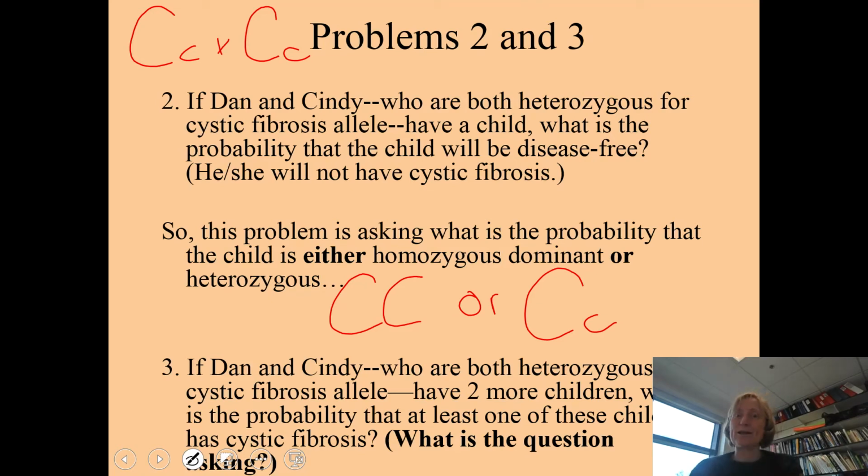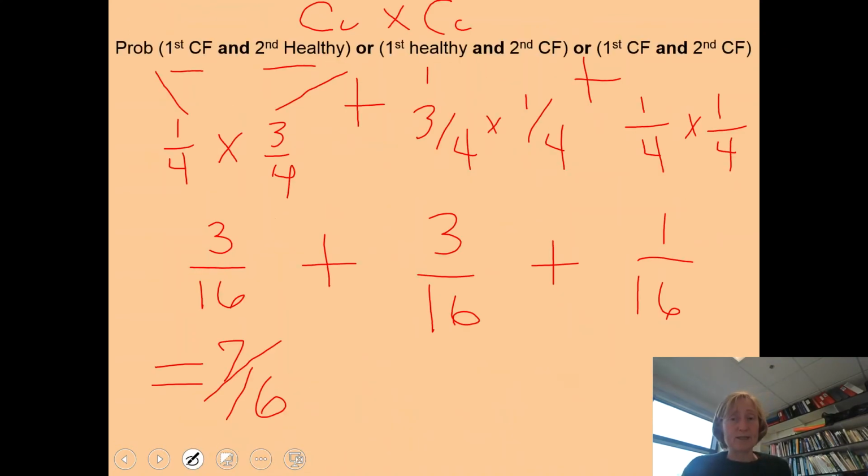Right? If we can calculate the probability that none of the children inherit cystic fibrosis, then we should be able to figure out the total probability that at least one of them has cystic fibrosis, because probability always adds up to 1. And we can just say 1 minus the probability that no one gets cystic fibrosis. I think we can solve that.